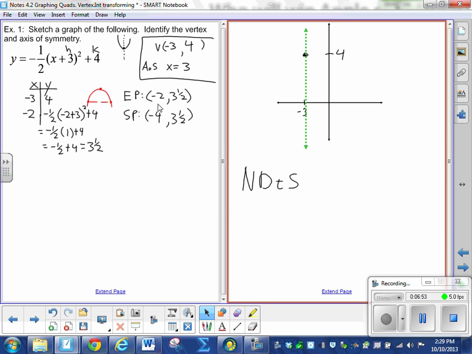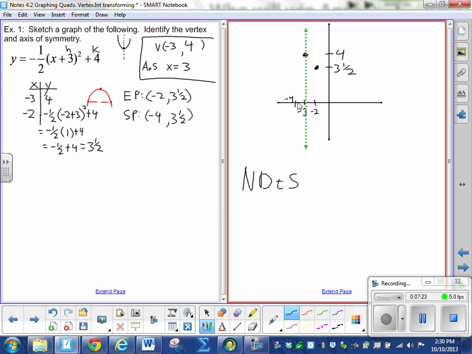Now my first extra point is at -2, 3.5. So -2, since this is not drawn to scale, I can just put that as long as it's on this side of it. So -2, 3.5, we'll say 3.5 is about right here. Now, since I know that -2 is on this side of -3, the one that's going to be on this side, the same distance, will be -4.